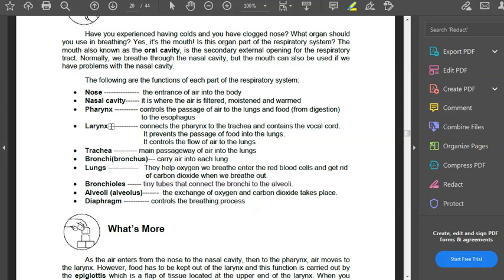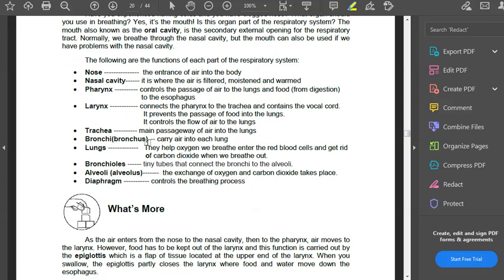So, the larynx is very important because, right, when we're eating, sometimes we choke. The larynx is the one that will stop the food from going into your lungs. You spit it out, right? Because if food enters your lungs, you're dead. It will clog your lungs, right? Then you cannot breathe and then eventually you'll die.